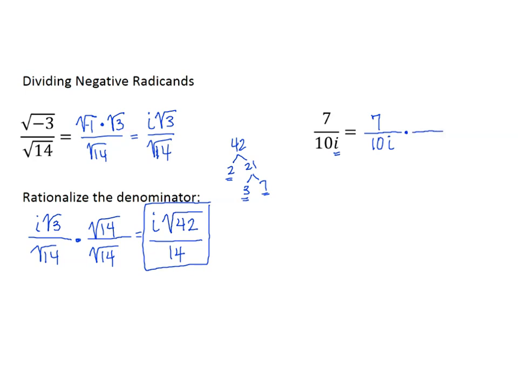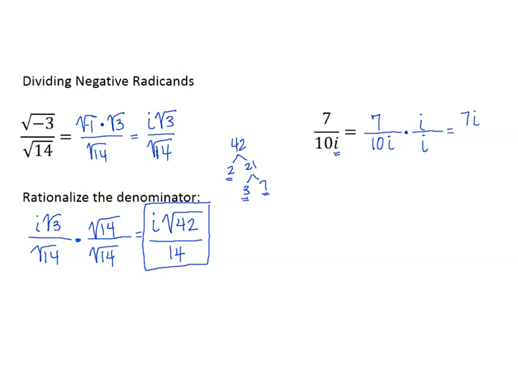And we're going to multiply by, well, we could multiply by the denominator, or we could just multiply by the square root part, which is the i. So if I multiply by i on the top and bottom, I'm not changing the value because i over i is equal to 1.